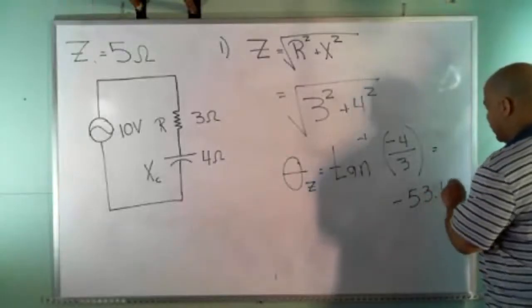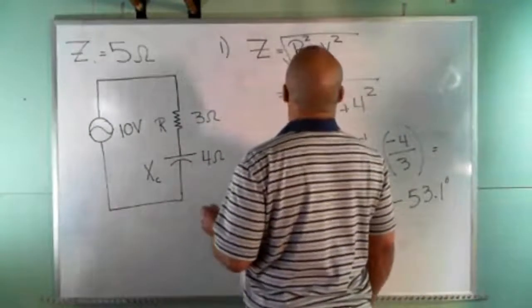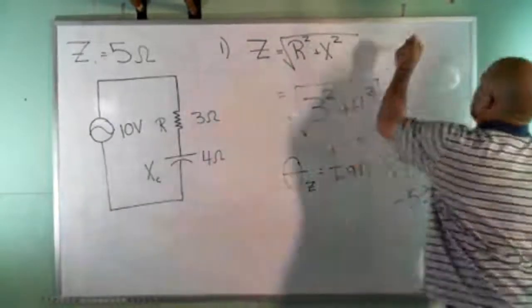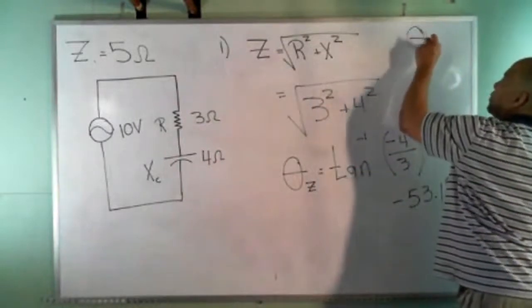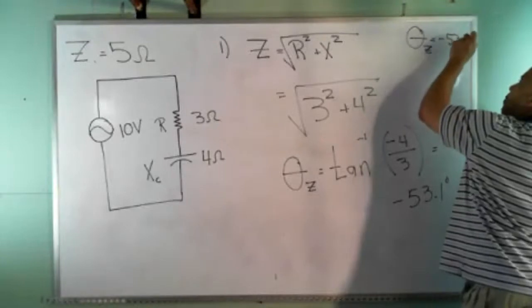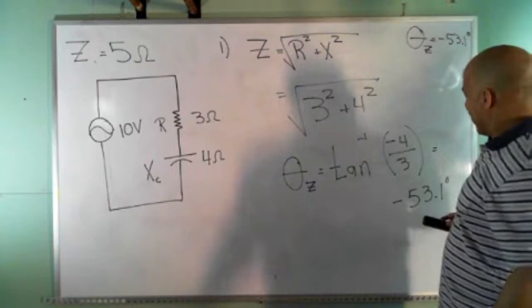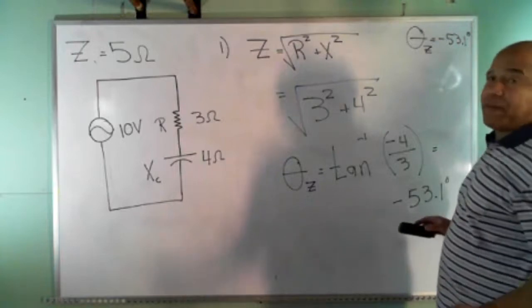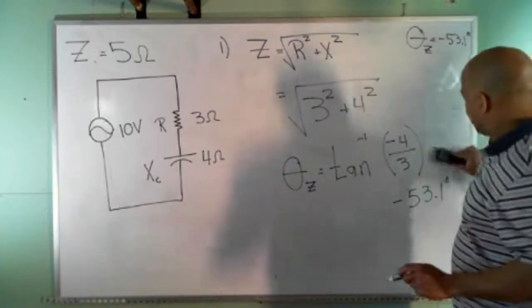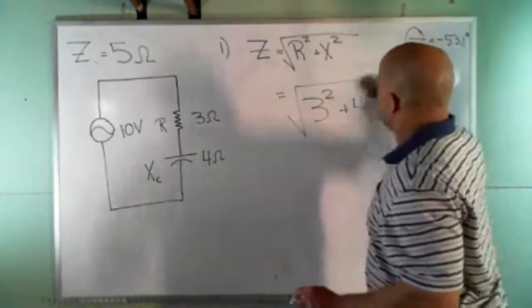I got negative 53.1 degrees. So theta Z, I'll put over in the corner because I might need that, is minus 53.1 degrees. Make sure you can do that. So now we found the total opposition. The next thing we want to do is get the current.